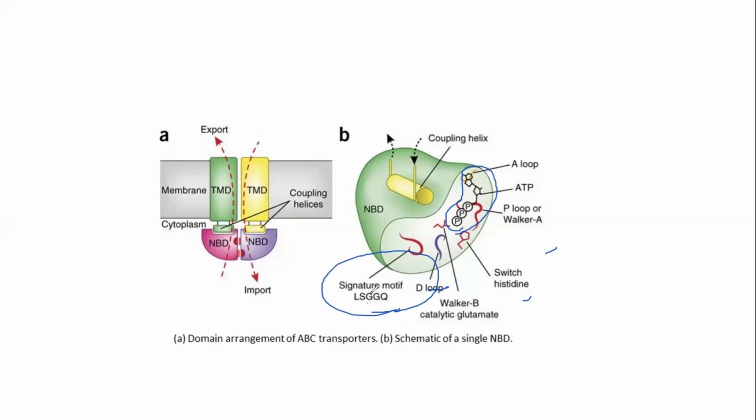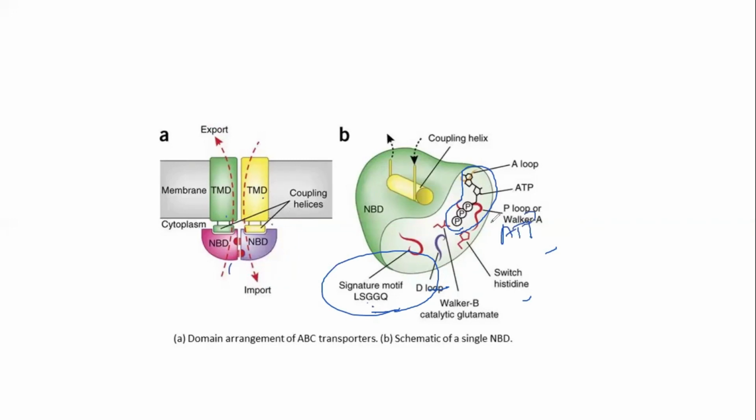If the question asks how ATP is interacting or resulting in the opening of the ABC transporter, you just have to understand that when ATP binds and makes interactions with the signature motif, the TMDs come together.